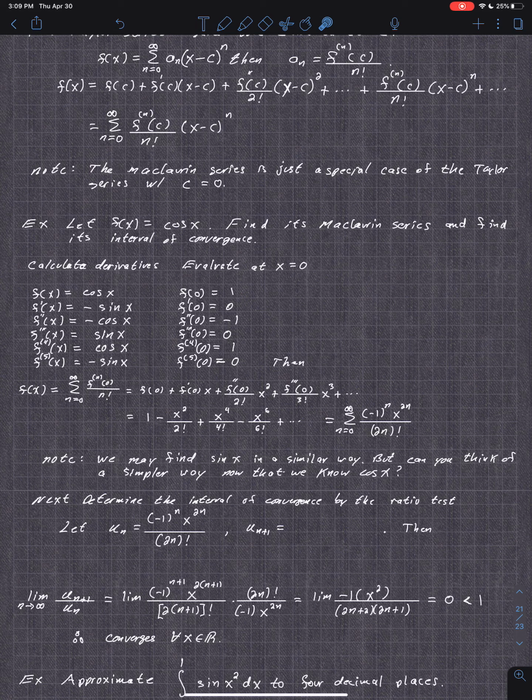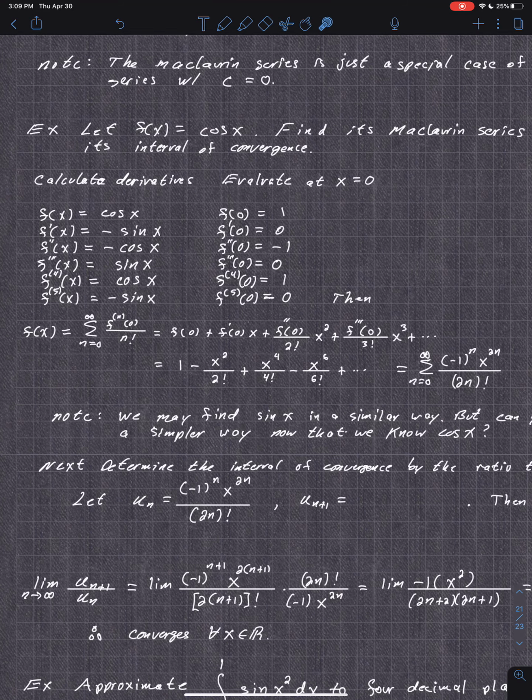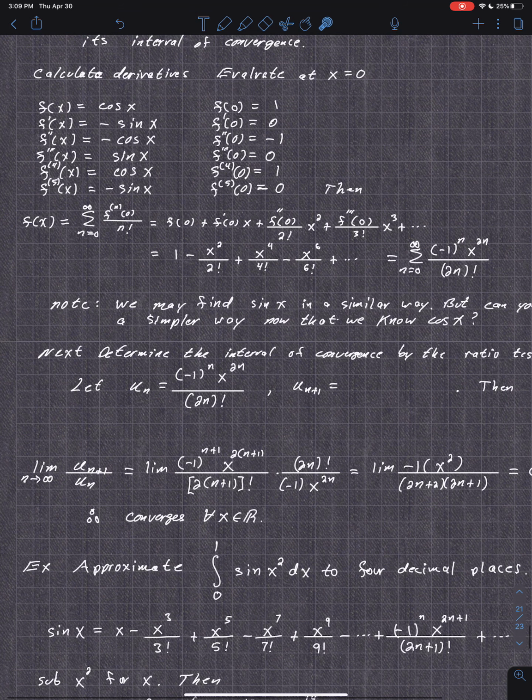Every other term is going to cancel out. So this is the expansion. You have f of 0, f prime of 0, and then f double prime, triple prime, etc. And you can see that the odd derivatives are 0, so they cancel.